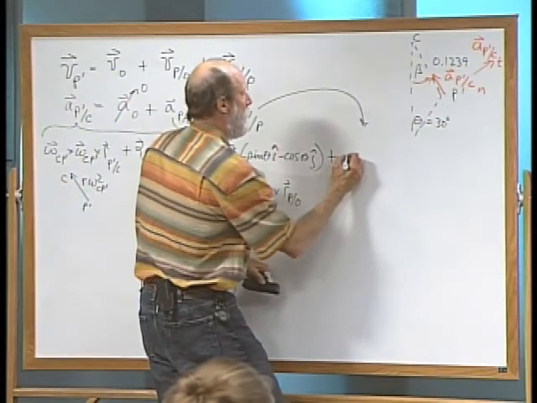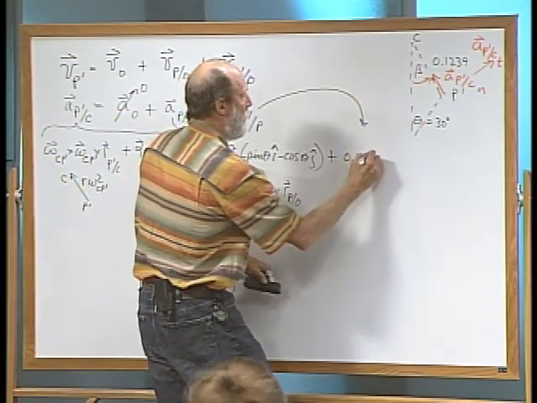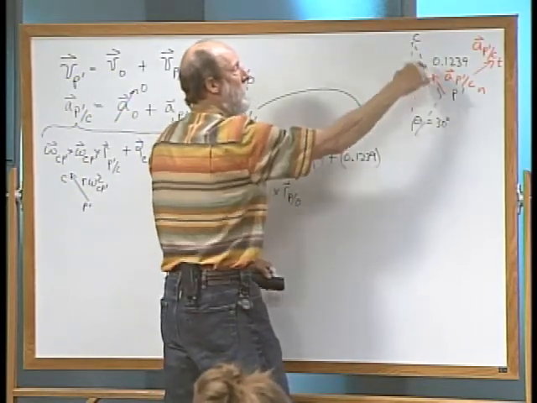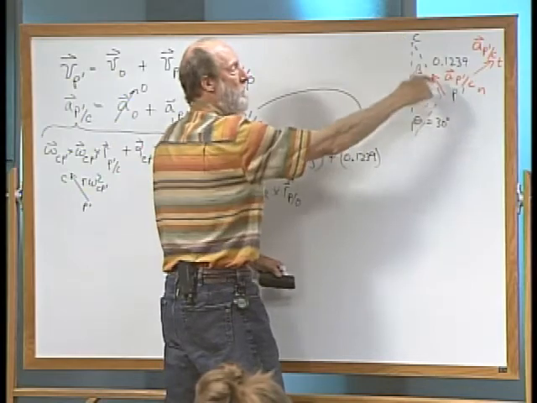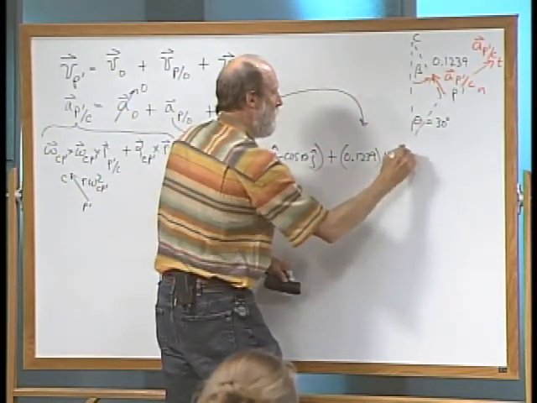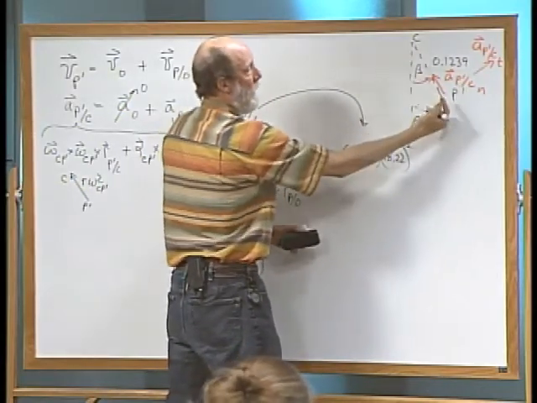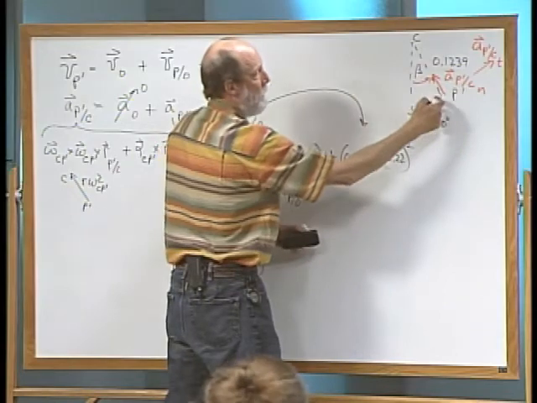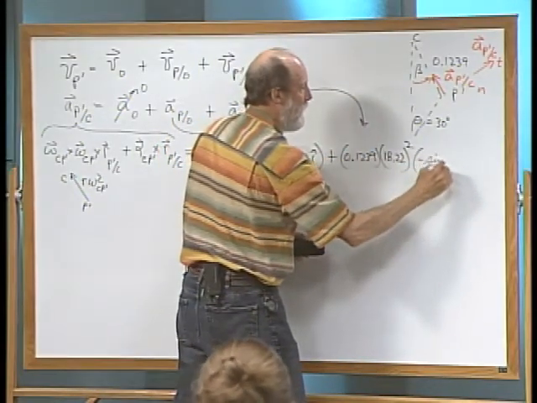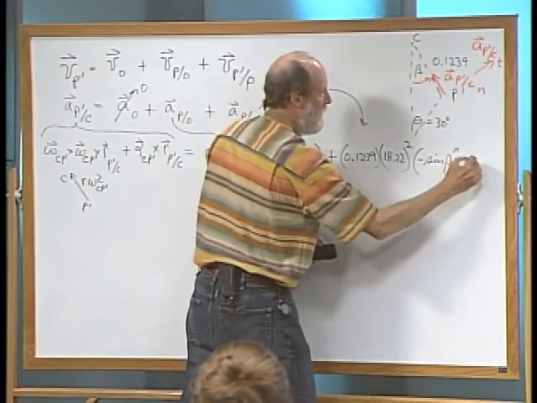Okay, and I'm going to go ahead and put the numbers in here so you see it. 0.1239, there's your R. What was the omega of that CP prime member? 18.22 radians per second. 18.22 squared, and we're going to point it back up there that way from P prime towards C, so you have to go minus sine beta i and plus cosine beta j.